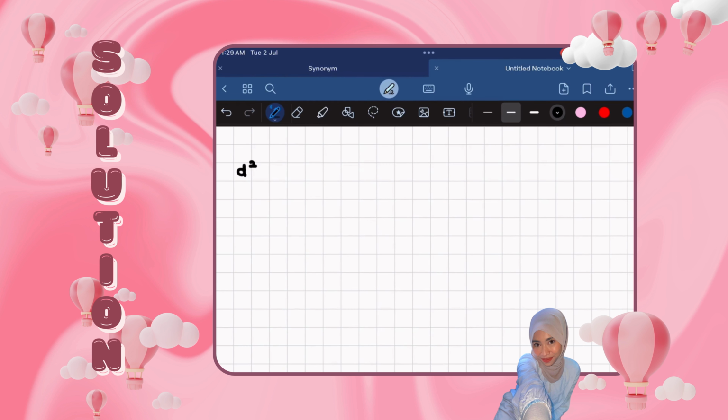For the last step, we need to do the second derivative test, which is d²A/dr² equals 4π + 2400/r³. So we need to substitute the value of r into the equation, which is when r equals 4.57 centimeter.